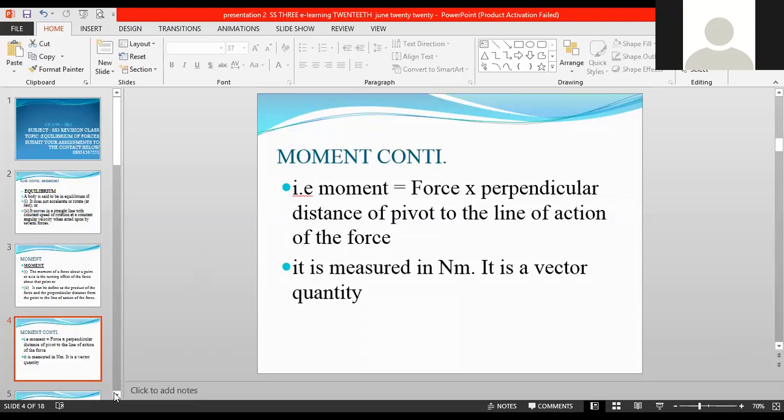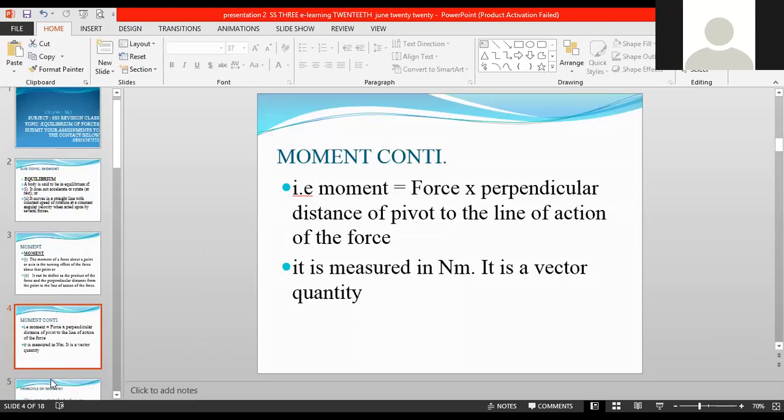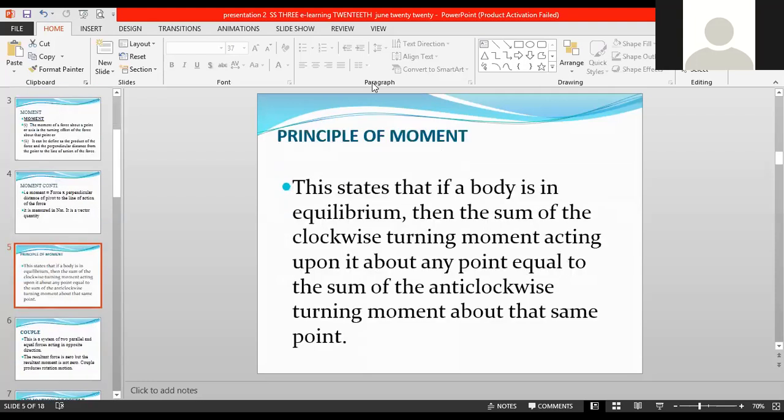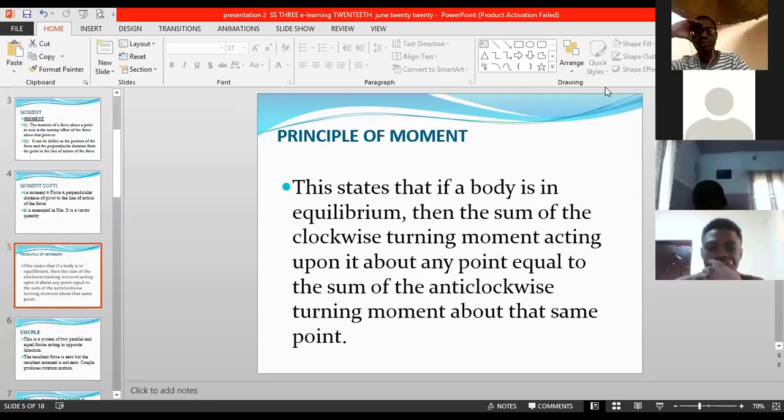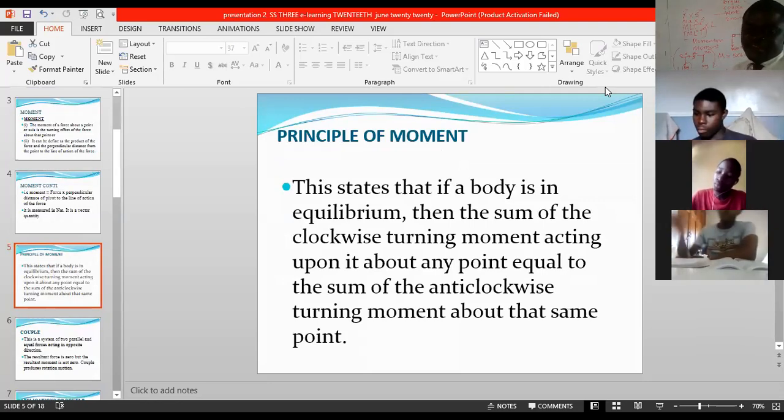Now we'll go to the principle of moment. What is the principle of moment? What does the moment of a force depend upon? The principle of moment states that if a body is in equilibrium, then the sum of the clockwise turning moment acting upon it about any point is equal to the sum of the anti-clockwise turning moment about the same point.